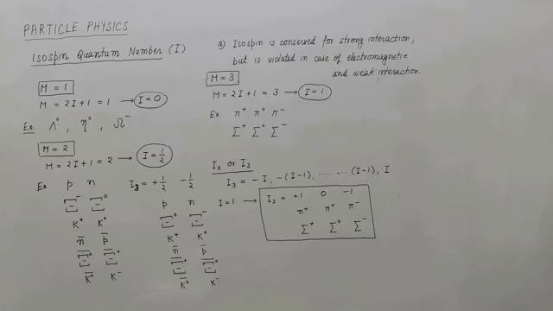While this I3, the third component or Z component of isospin, is conserved in strong and electromagnetic interaction but is violated in case of weak interaction.